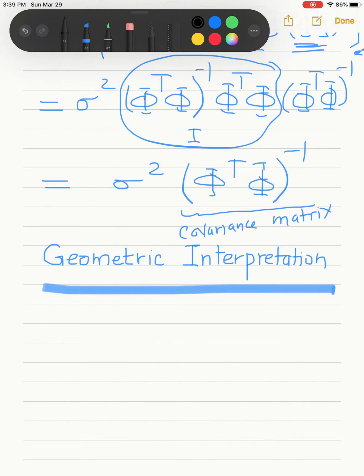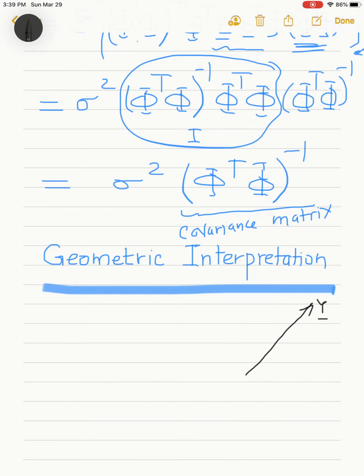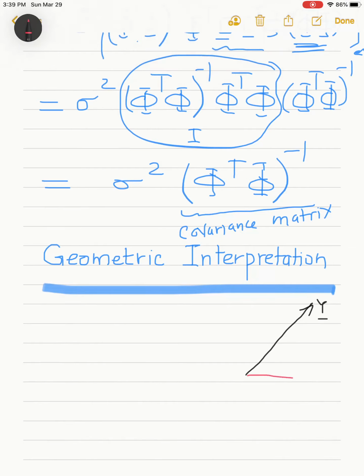Okay, I am going to represent the vector of measurements like this, vector y. And the vector which represents the computed value of y, which we called before y hat, I will represent like this. And y hat is not necessarily in the same plane as y.